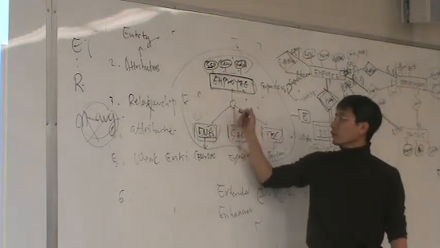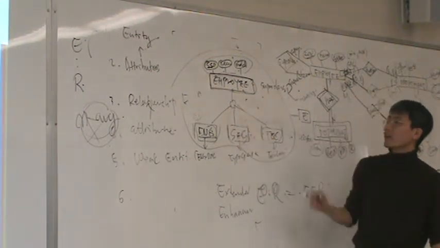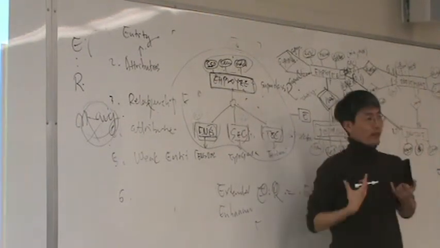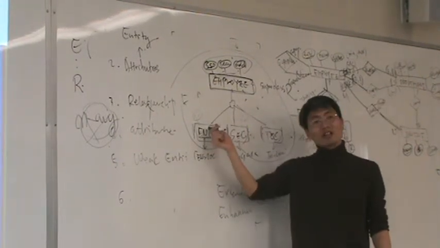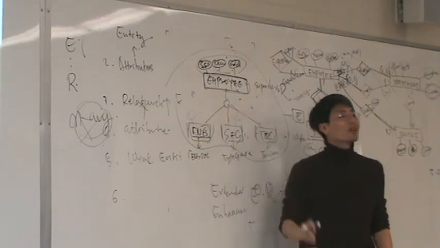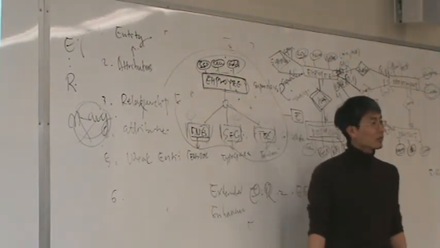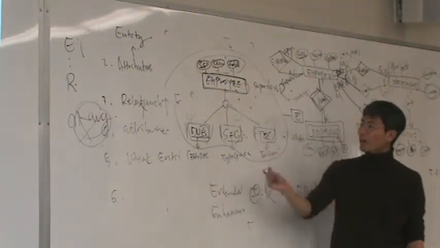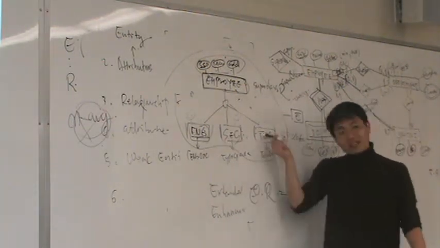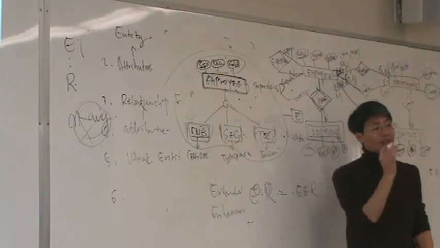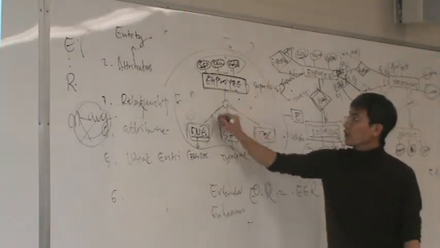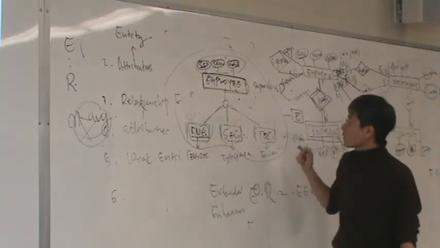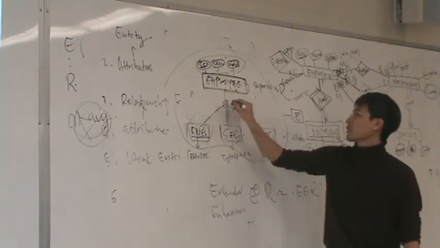Another characteristic of these super and subclasses is that sometimes one employee can be an engineer and secretary. That's possible. Also, I'm an engineer and technician. Also, I'm an engineer and secretary and technician. So if you allow such multiple participation of the superclass in subclasses, we say this is overlap.